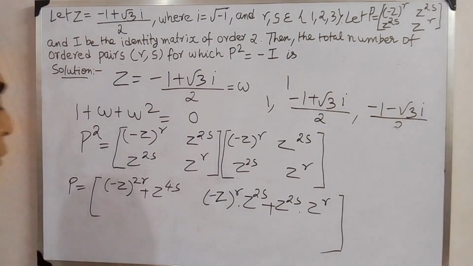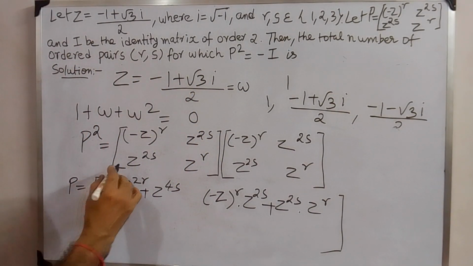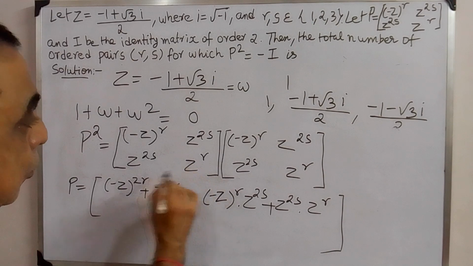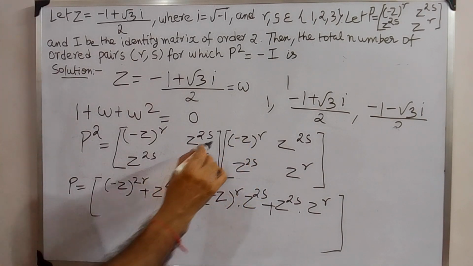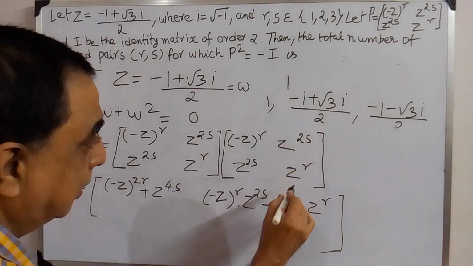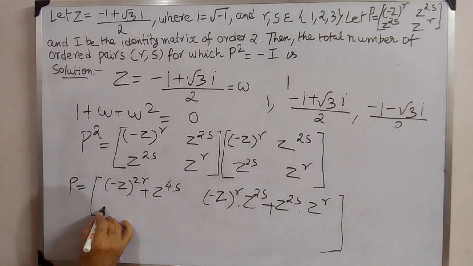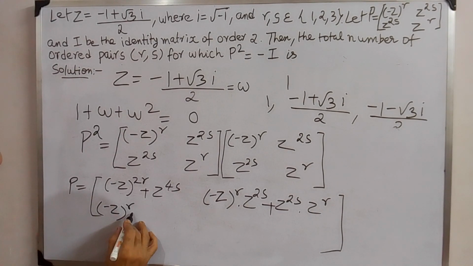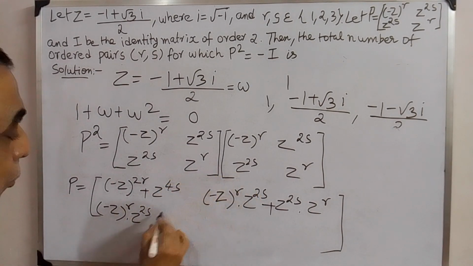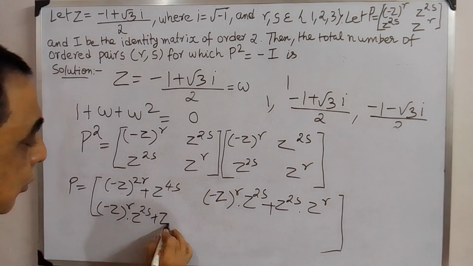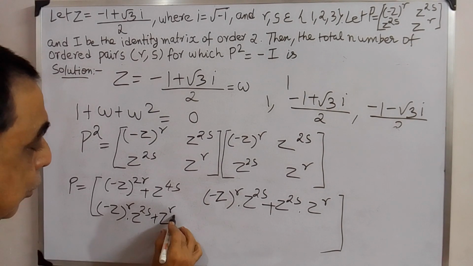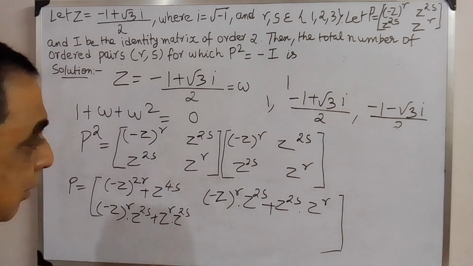Then we multiply the second row with the first column and the second row with the second column. So this into this will be minus z to the power r multiplied with z to the power 2s, plus this into this, that is z to the power r into z to the power 2s.